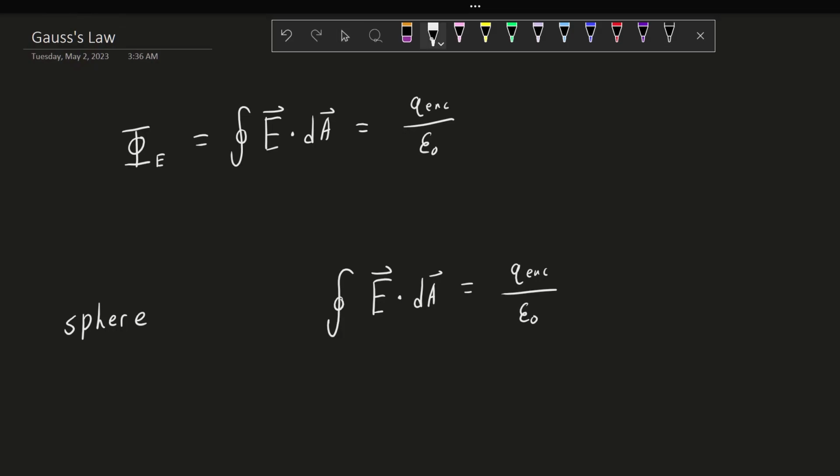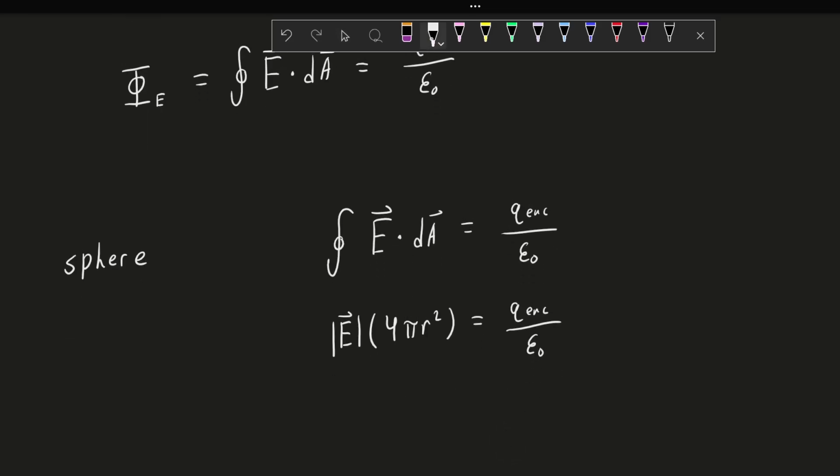So the surface integral thing looks kind of scary, but really all you do is you just say, okay, we're only dealing with a simple shape, so we can just say the magnitude of electric field times the surface area of a sphere. The surface area of a sphere is just 4 pi r squared, and that's still equal to Q_enc over epsilon naught.